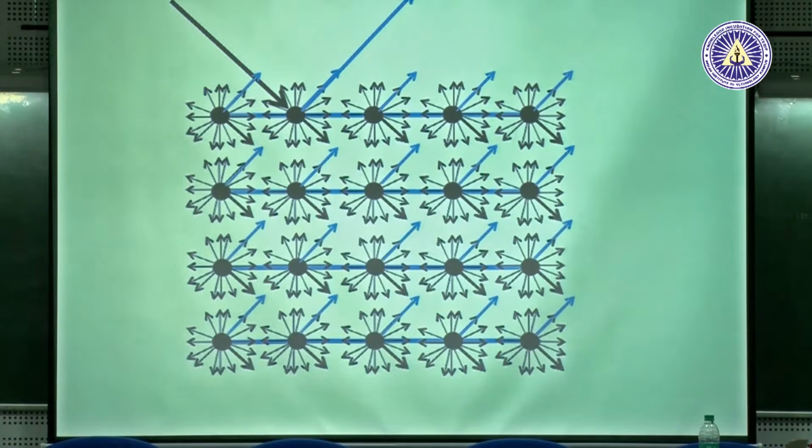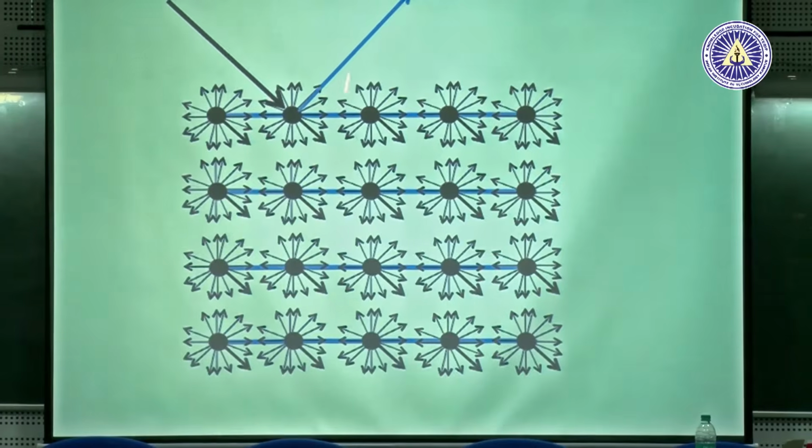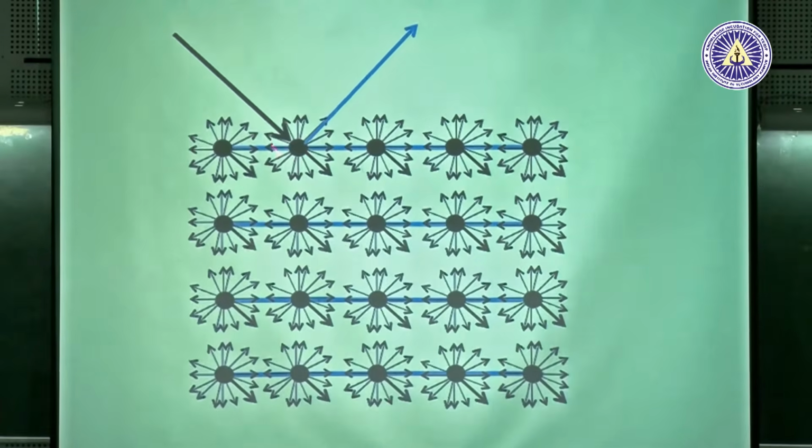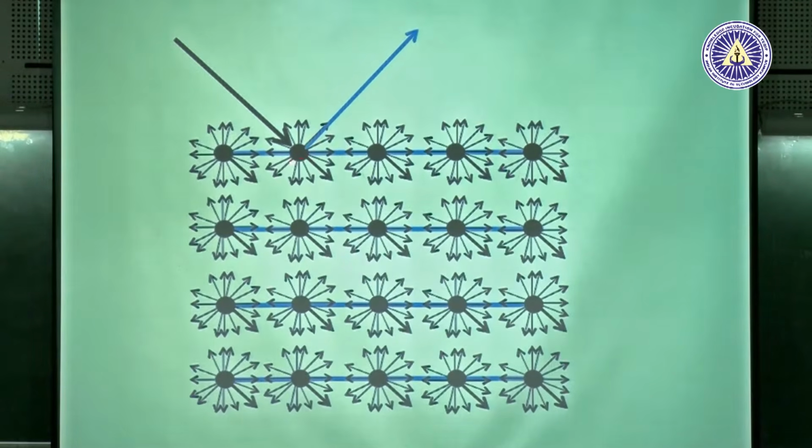Now comes Bragg's genius. This much was just diffraction. This much is what Laue also saw and got his Nobel Prize. So, Bragg had to do something new to get his Nobel Prize. Bragg introduced this plane. He said that for this diffracted beam, I can draw this blue plane and think of it as a reflection, that the black incoming X-ray is reflected into this blue X-ray by these mirror planes.